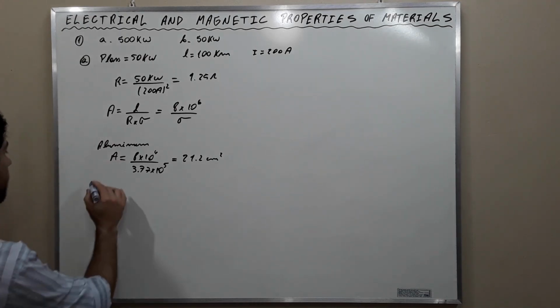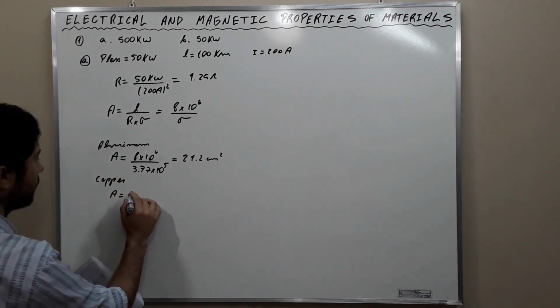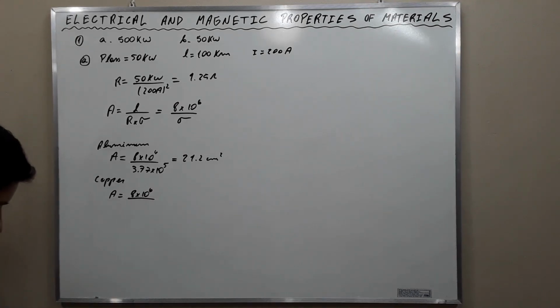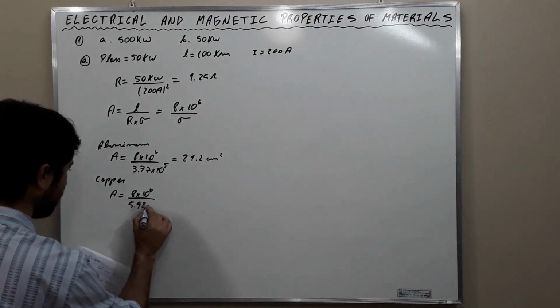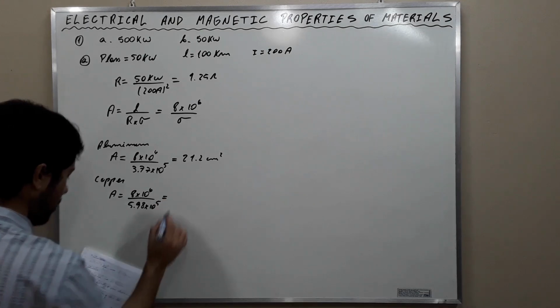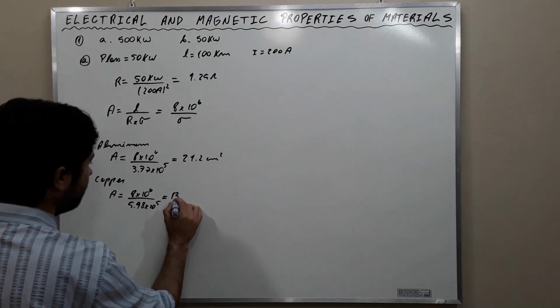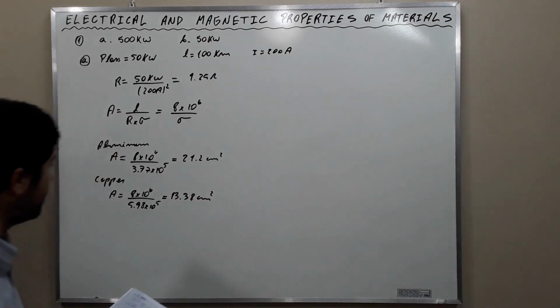For copper, 8 times 10 to the 6th divided by the conductivity of copper, which is 5.98 times 10 to the 5th Siemens per centimeter, gives a value of 13.38 square centimeters.